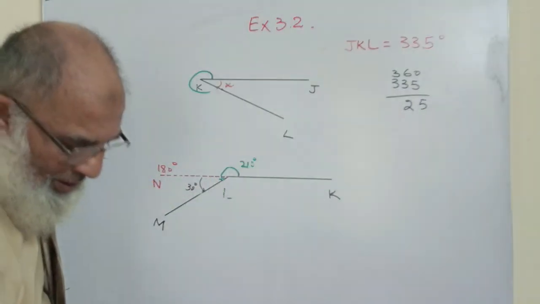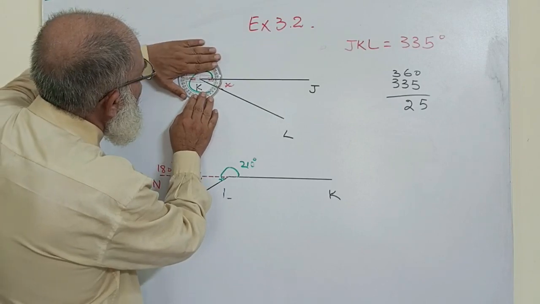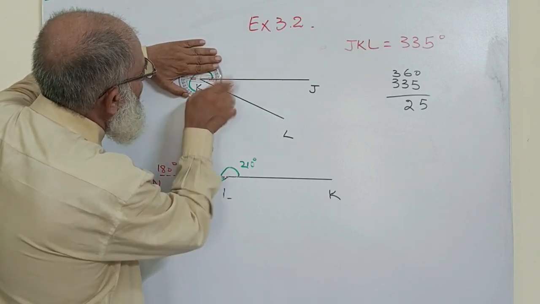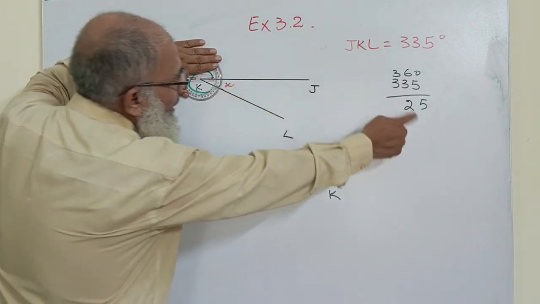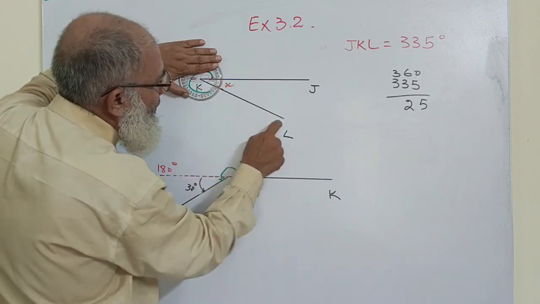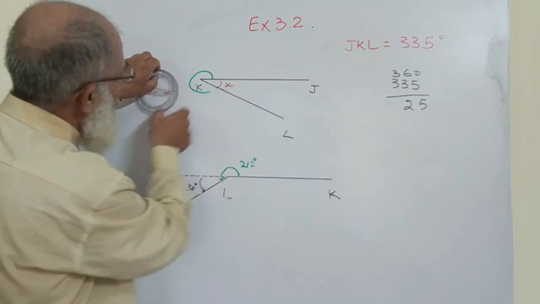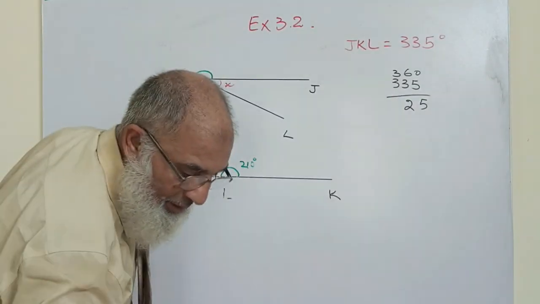Okay. Now angle X, put the D in this downward direction and we'll mark 25 degree out of it. 10, 20 and 25. Now this is the same angle, 25 degree. Now X is equal to 25 degree.